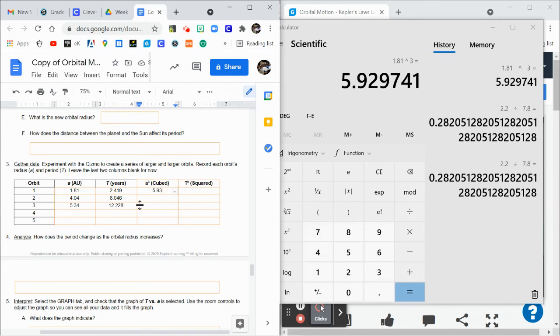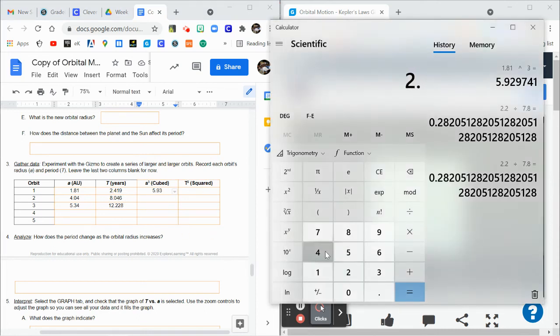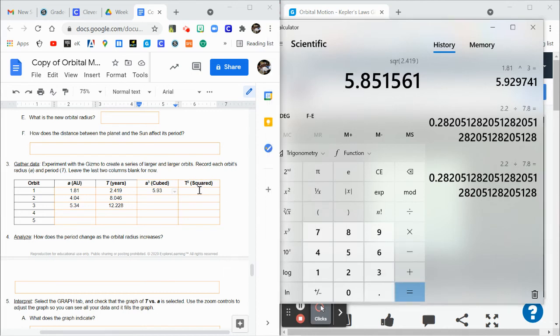And then 2.419 squared, 5.85. And so on and so forth. Okay, so you can do that, and you filled in your table.